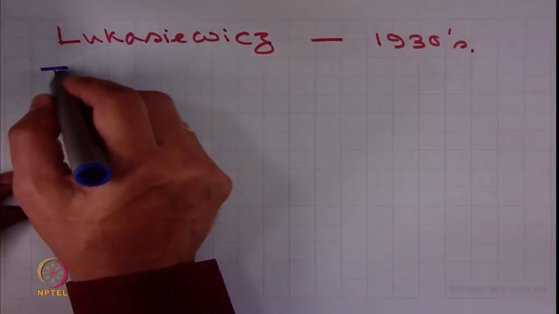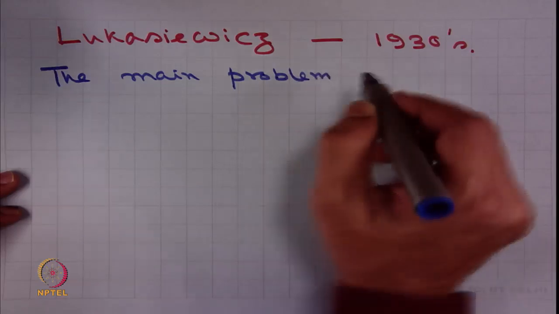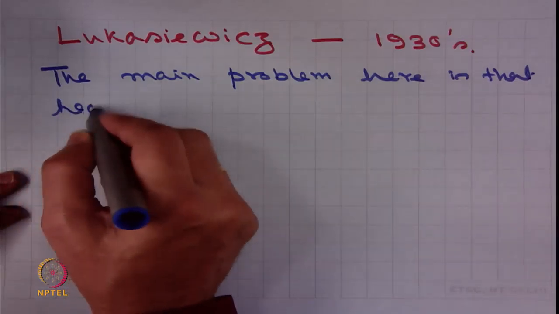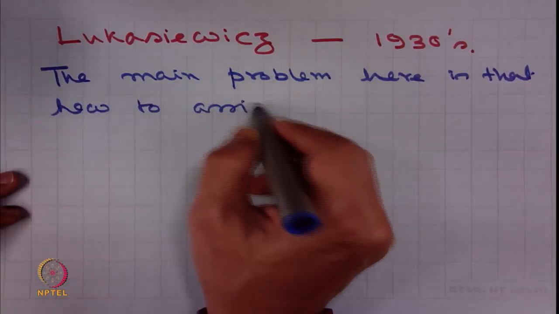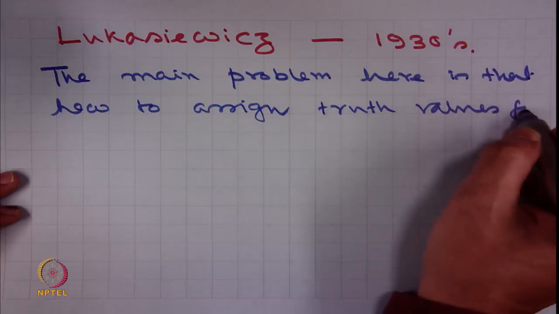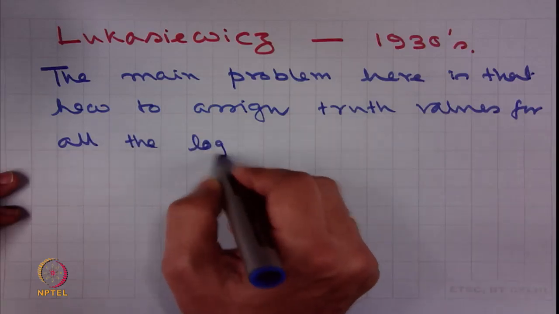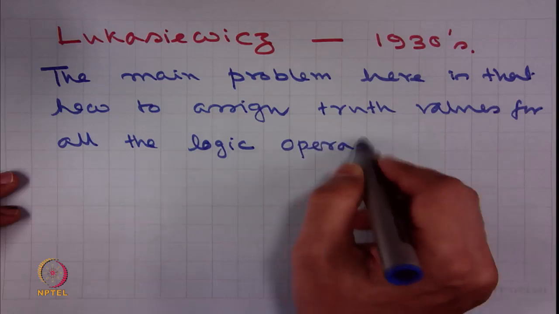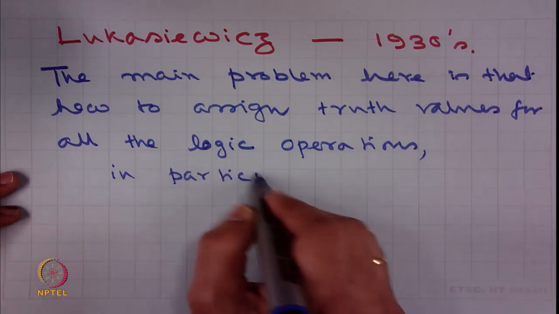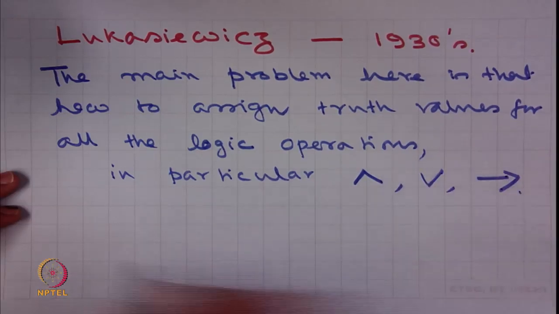The main problem here is how to assign truth values for all the logic operations, in particular and, or, and implication.